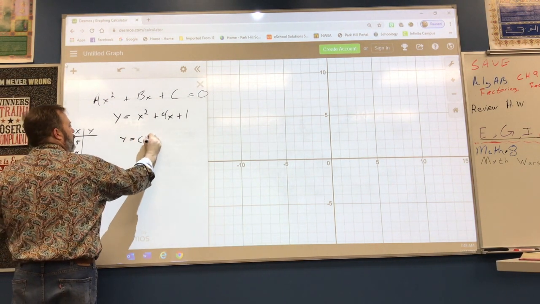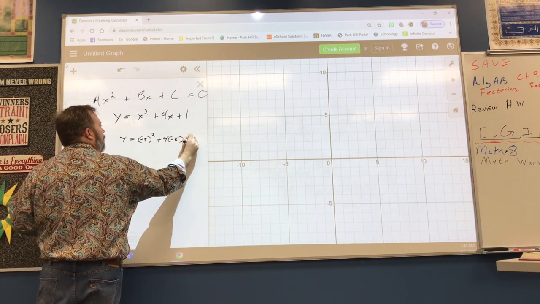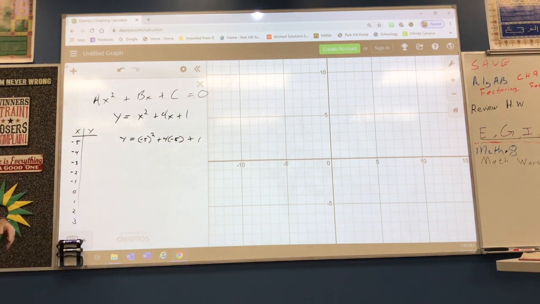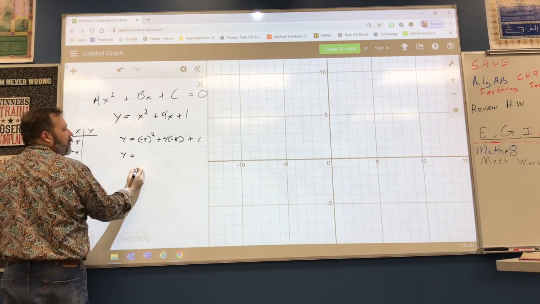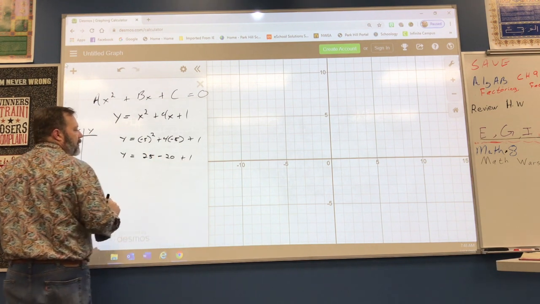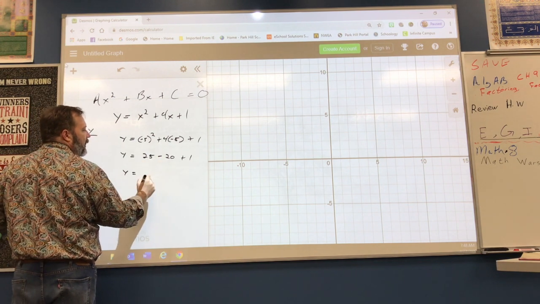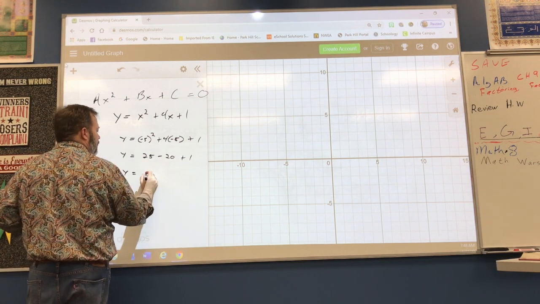Y equals -5 squared plus 4 times -5 plus 1. Y equals 25 minus 20 plus 1. Y equals 25 minus 20 is 5 plus 1 is 6.